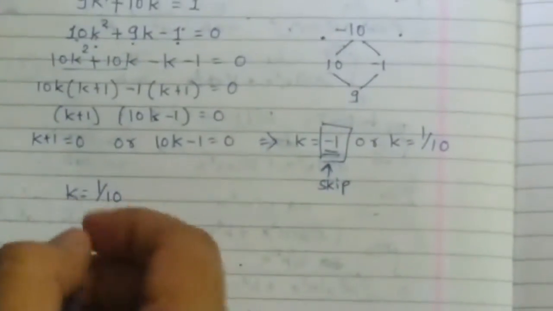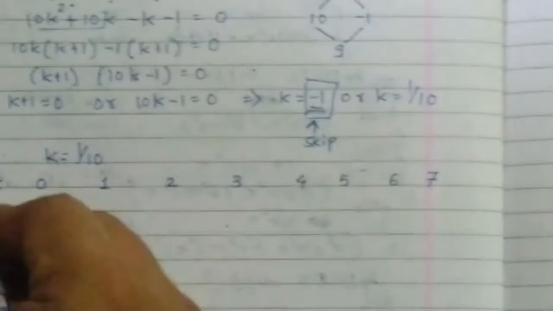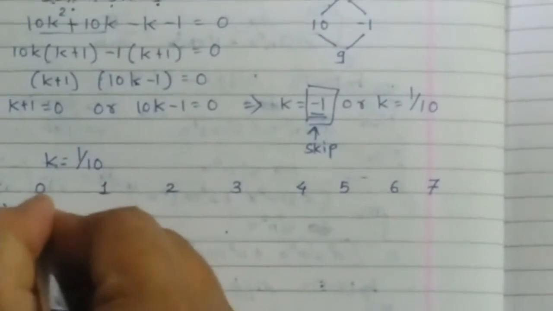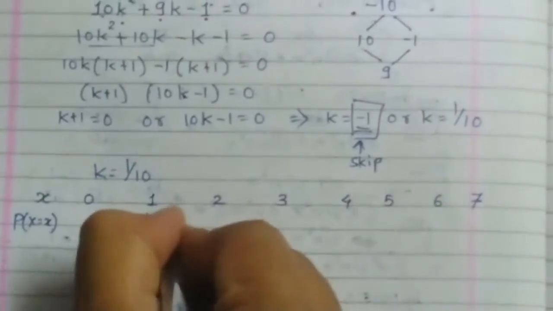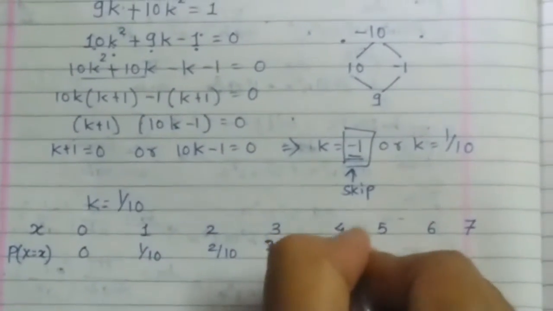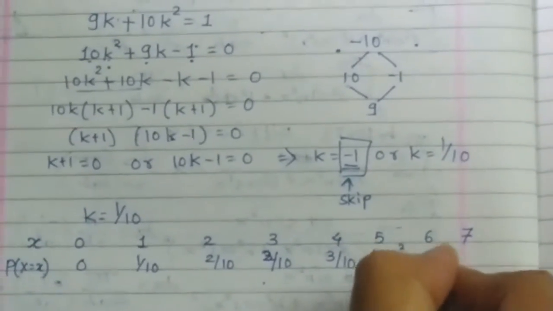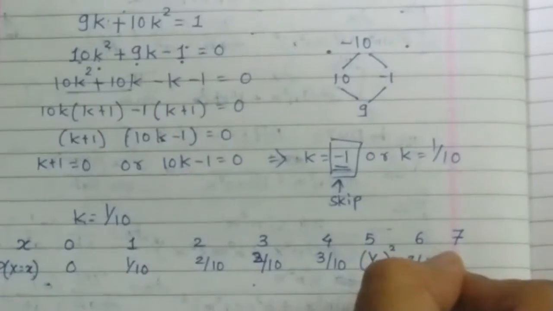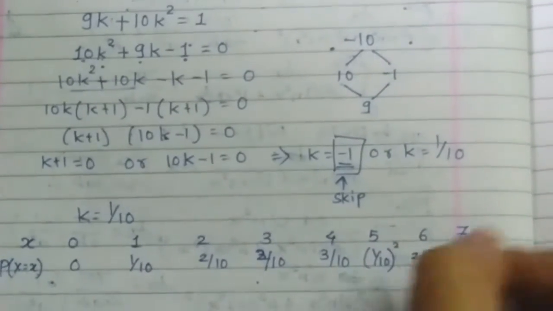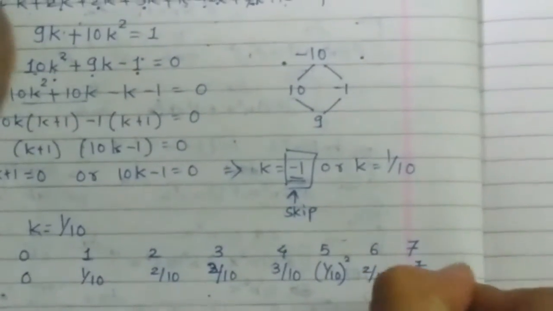So when I substitute K equal to 1 by 10, this table becomes: X is 0, 1, 2, 3, 4, 5, 6 and 7, and all the Pi's are 0, 1 by 10, 2 by 10, 2 by 10 again, 3 by 10, 1 by 100, 2 by 100, then 7 by 100 plus 10.